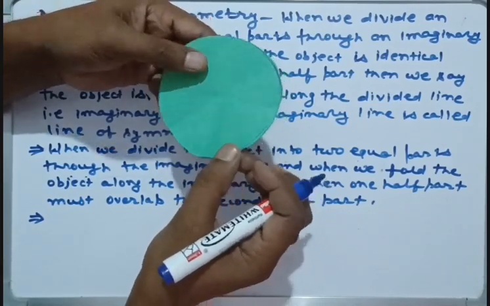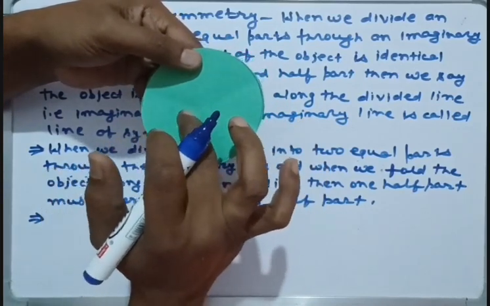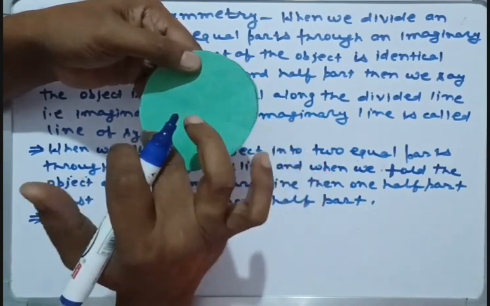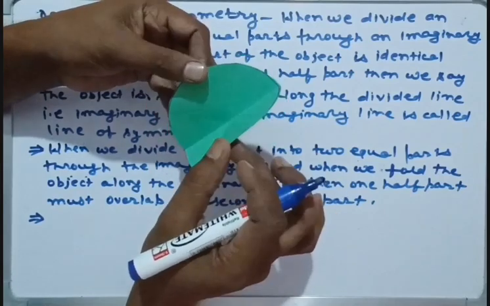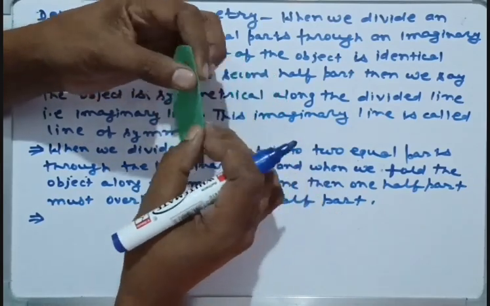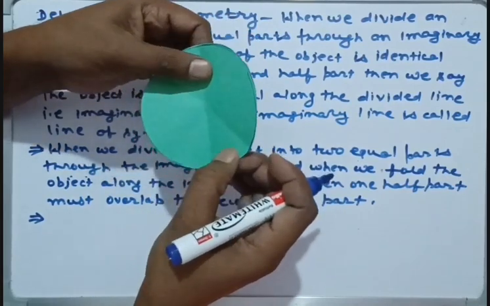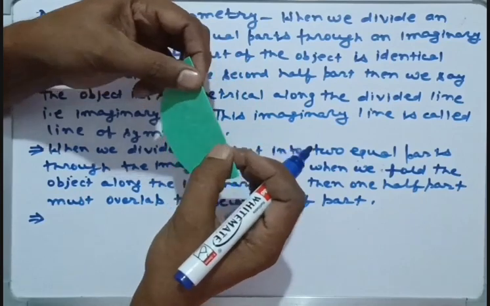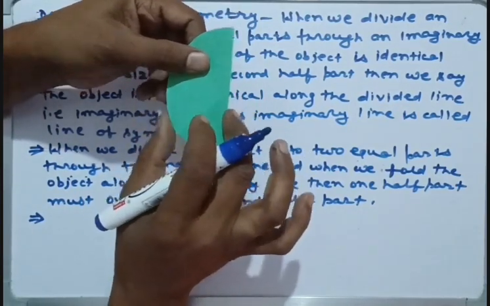Suppose one line is passing through the center of the circle and it is a diameter. When we fold, see what happens: this one is one part, this one is a second part, then it must overlap, means you will see only one half part.